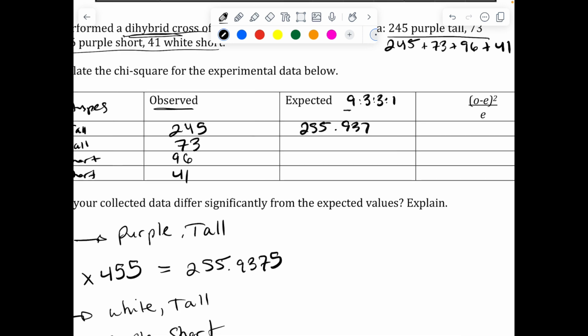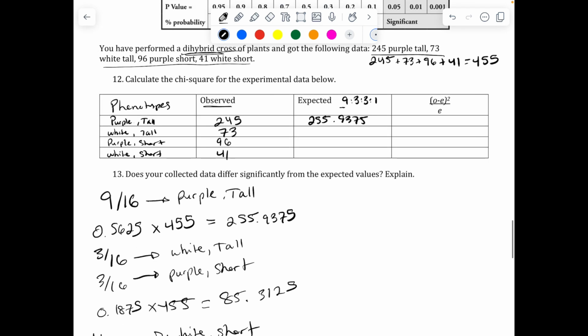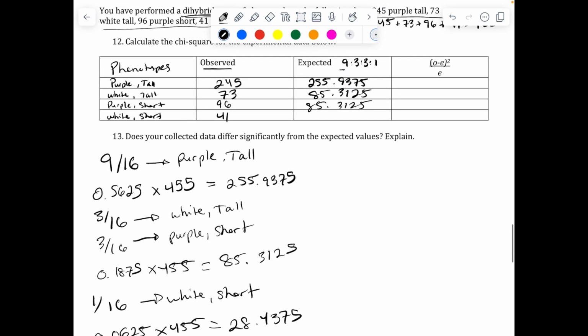So I have 255.9375, 85.3125, 85.3125, and 28.4375. What I always do is I want this to equal 455. So I'm just going to adjust. This is probably frowned upon, but this is how I do it.